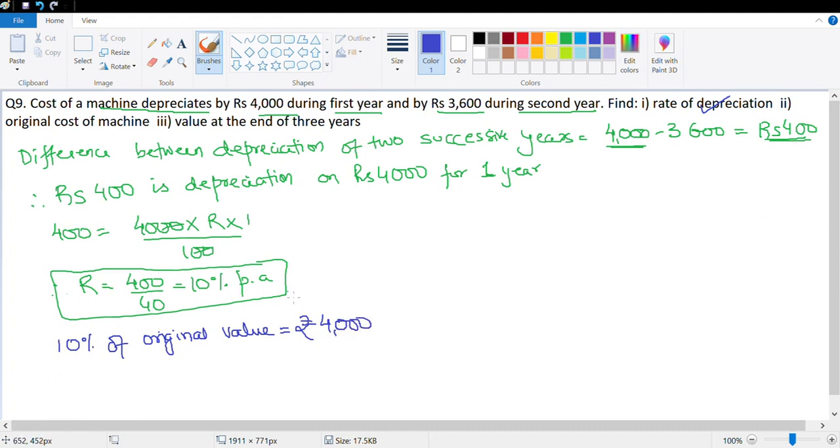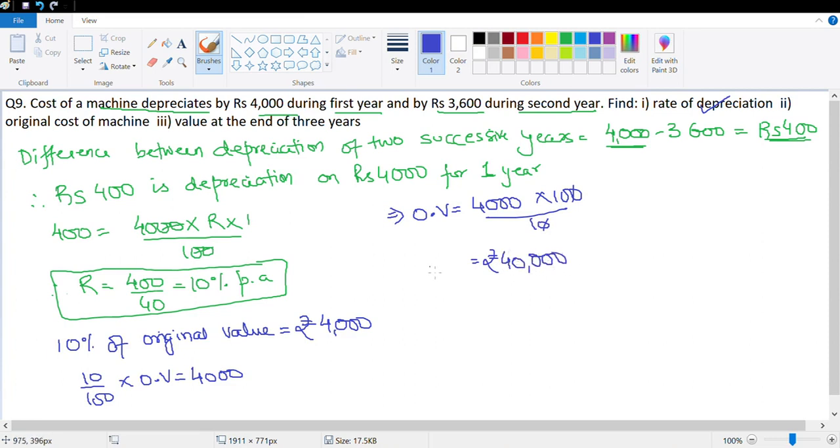Because it's depreciation by 4,000 in 1 year, which means 10 upon 100 into original value is equal to 4,000, which means original value is equal to 4,000 into 100 upon 10, which is equal to rupees 40,000.